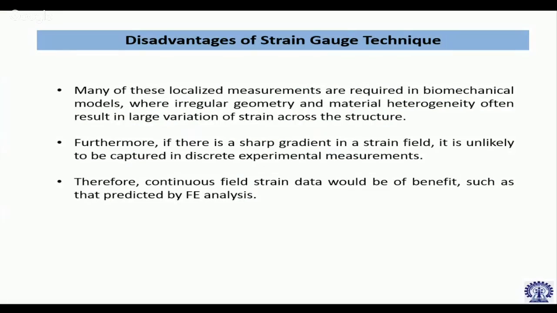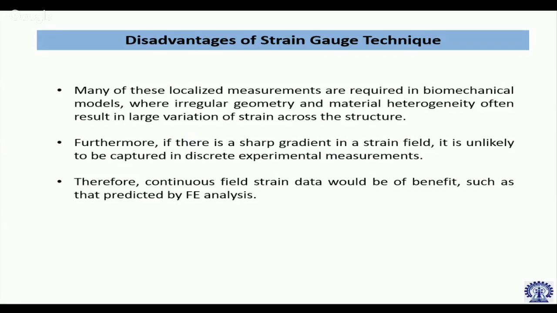But we realized the disadvantages of strain gauge outputs and the strain gauge technique as compared to full field data. Let me list these disadvantages, which are as follows. Many of these local measurements are required in biomechanical models where irregular geometry and material heterogeneity or inhomogeneity often result in large variation of strain across the structure.